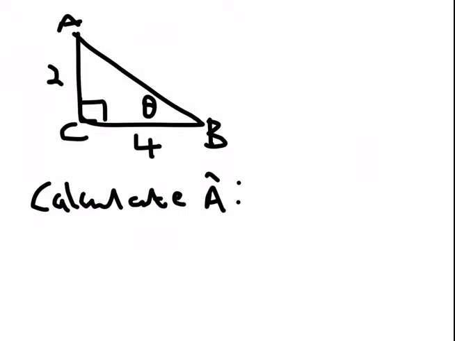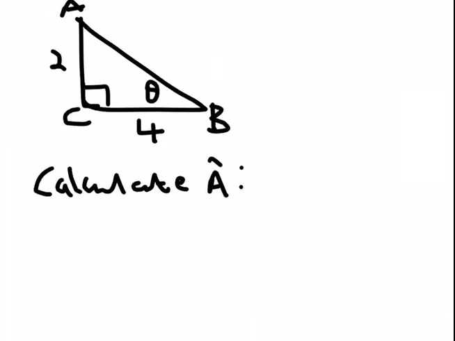You cannot get to angle A before you calculate angle theta. So that means you need to somehow get to angle theta so that you can therefore get to angle A.